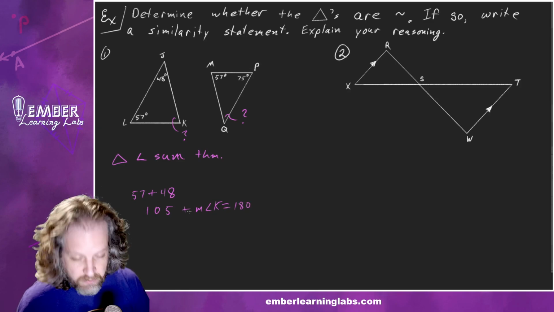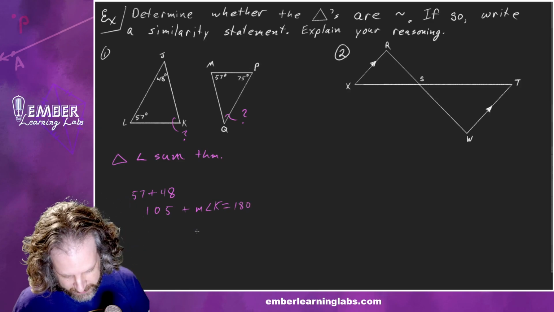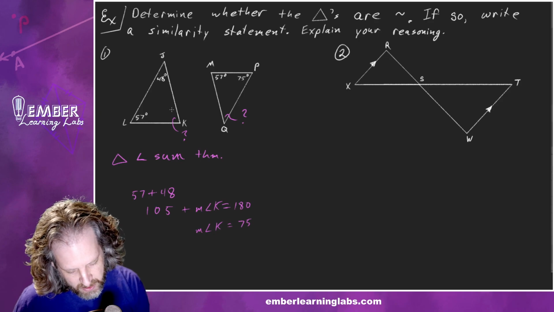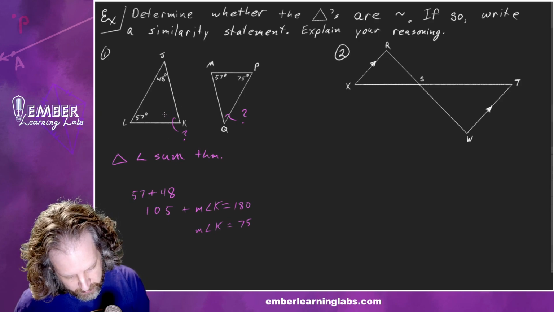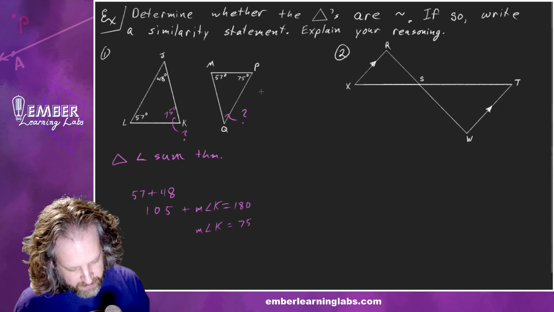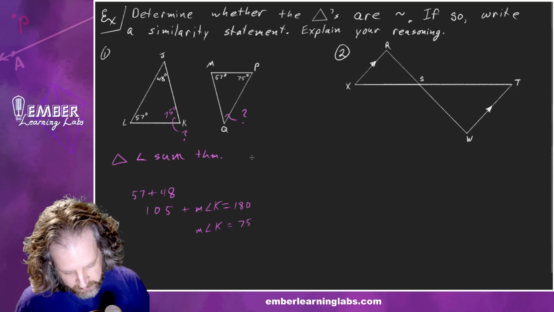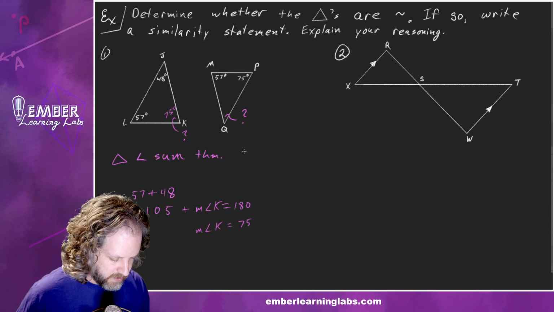Then we subtract 105 from both sides, and we get that the measure of angle K equals 75. So now we do, in fact, have a second angle. So yes, similar.